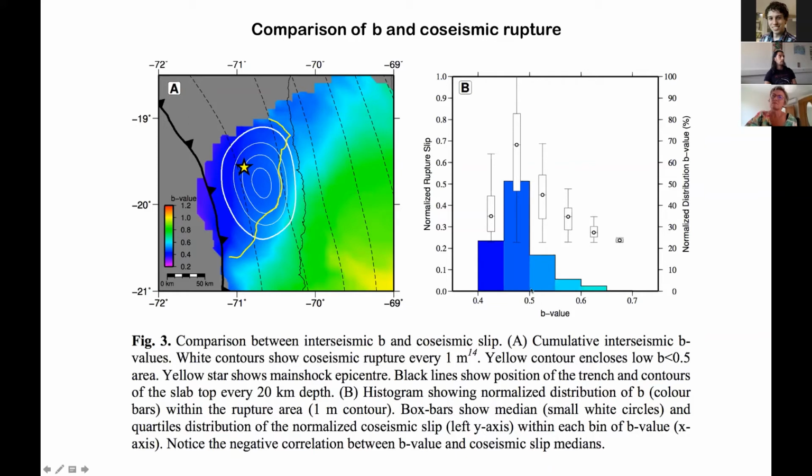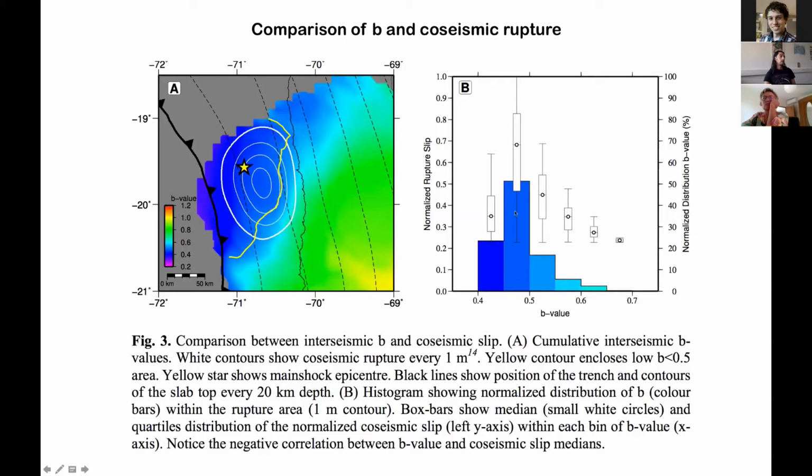So basically the frequency of occurrence of b-values within this coseismic rupture. For example, for b-values between 0.45 and 0.5, we have that around 50% of the area is covered by these b-values. This is the color bars, and these box bars indicate the distribution of coseismic slip within each one of these bins of b-value.